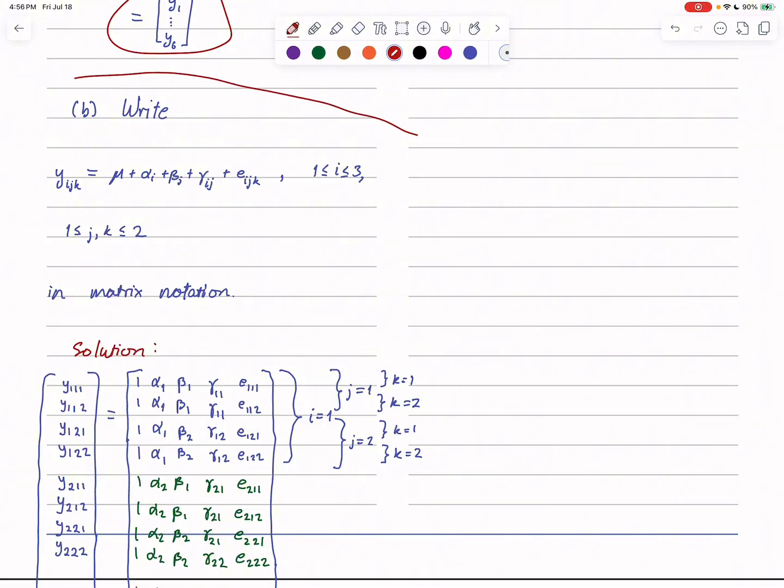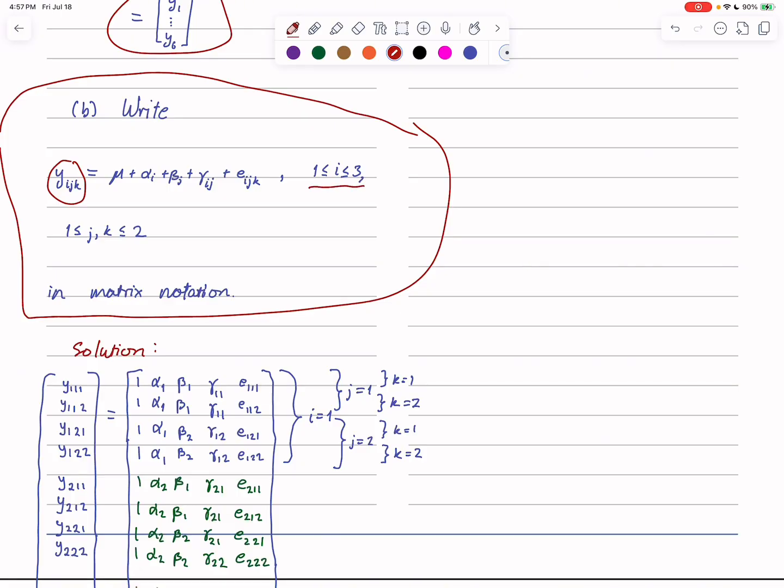Okay, we do another exercise, very similar, but significantly trickier this time, for a few reasons. This time we have 3 indices, i, j, k. i is going to range from 1 to 3. j and k are each going to range from 1 to 2.